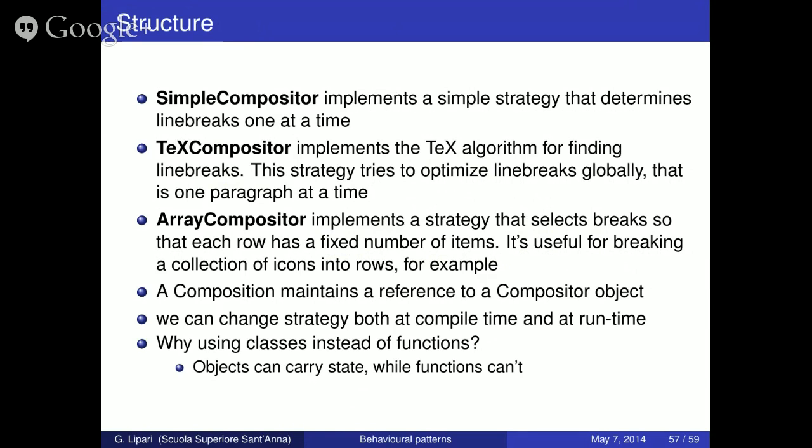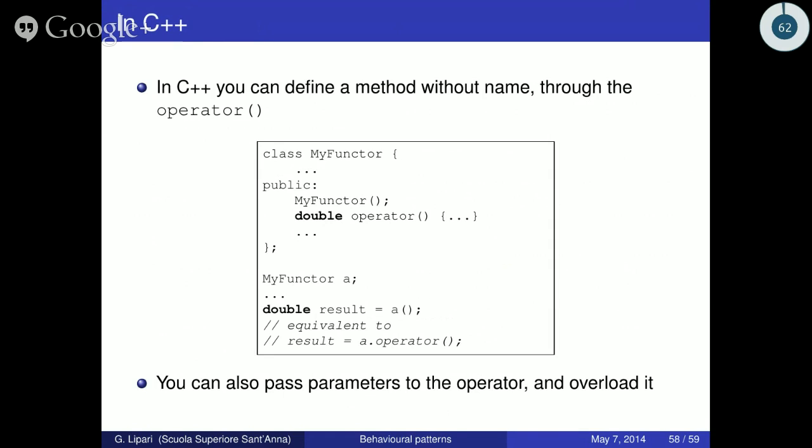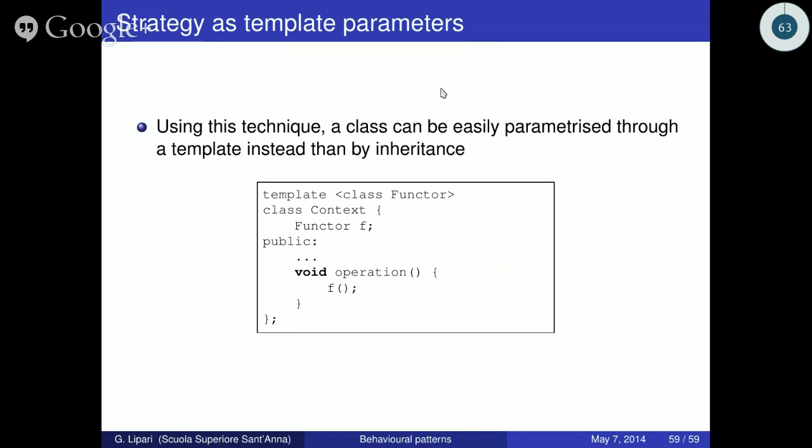So it's more general. Okay, so we've already seen a lot of this. For example, what's the operator parenthesis here? Basically, it's a way to use the object as if it were a function. And so by using this, you can basically parameterize this with respect to a certain operation.